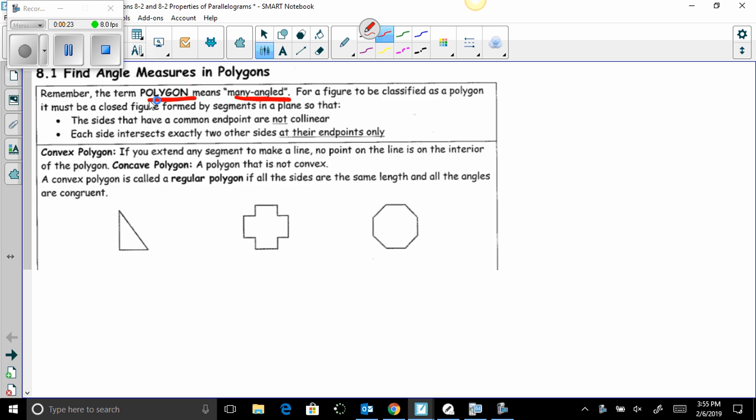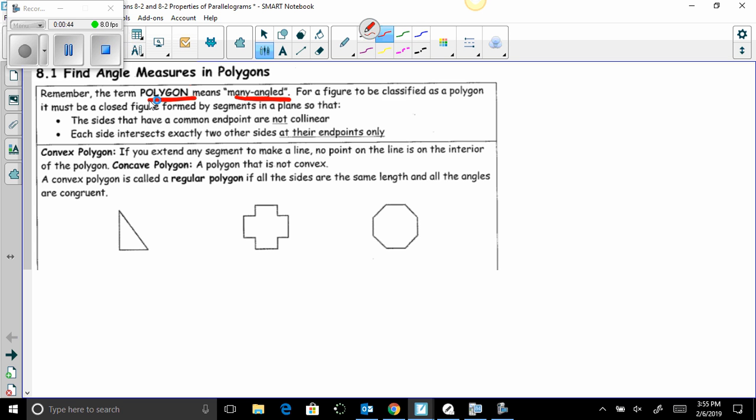For a figure to be classified as a polygon, it must be a closed figure formed by segments in a plane so that the sides that have common endpoints are not collinear, because they're not on the same line. Each side intersects exactly two other sides at their endpoints only.